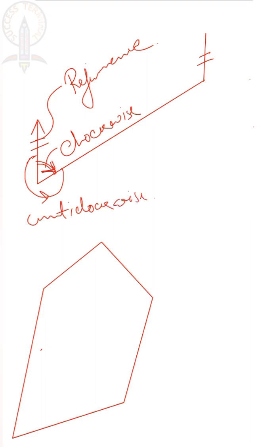Now which one is correct? Let me tell you one thing very clearly. Whenever you are going to measure an angle with respect to magnetic north, in case of whole circle bearing, you have to move in clockwise direction always. Keep this thing in mind. In clockwise direction always. So this one is the correct answer.